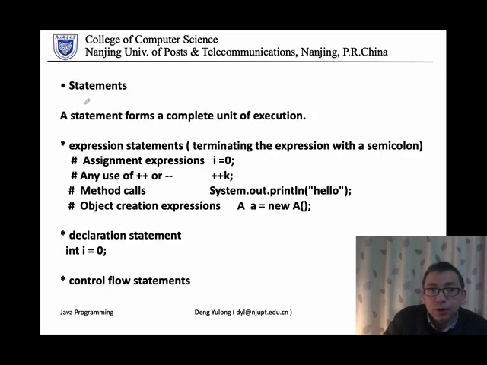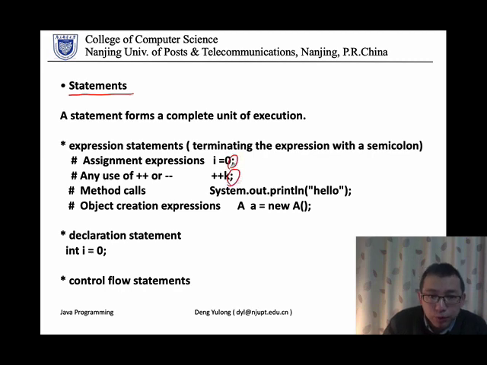Next, we come to statements. Now we have expressions. An expression cannot be executed unless we put an end to it. So the expression can be executed as a unit of execution. This is the semicolon.